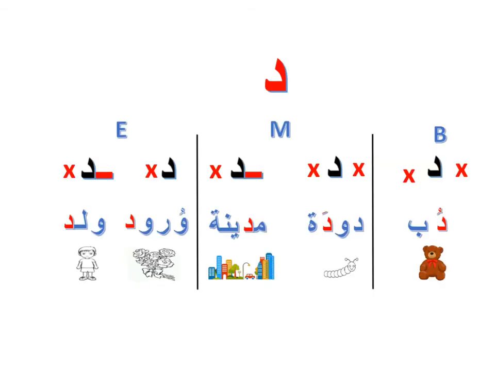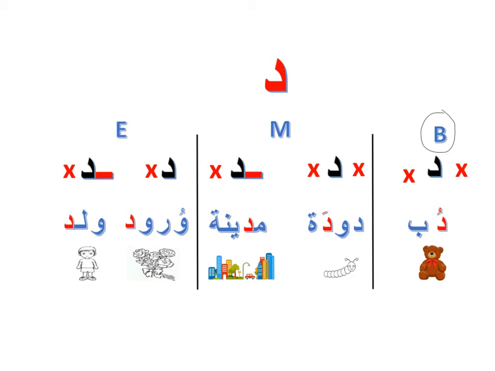First, let me show you how the letter D looks inside a word, at the beginning, middle and end of the word. And if you notice, the beginning of a word is on the right, because in Arabic we read from right to left. Now let's start and look at the letter D at the beginning of a word. The X means that the letter is not joining.